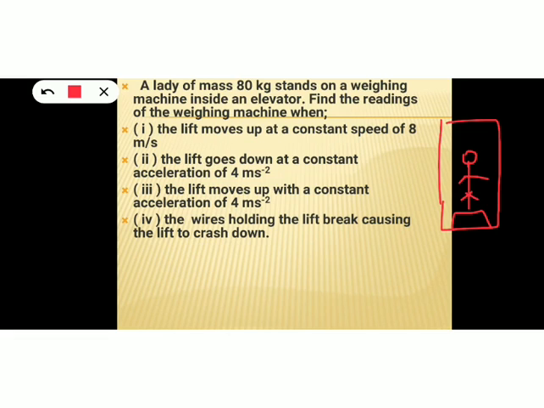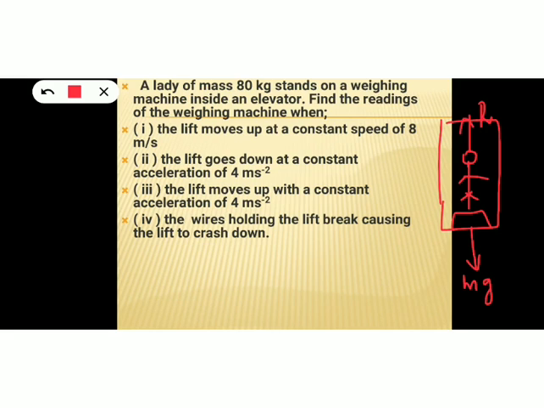Okay, now mass of that lady is 80 kg, and the two forces acting on this lady will be the weight of the lady mg acting vertically downwards, and the normal reaction N or R acting on the lady, which is offered by the weighing machine on that lady.